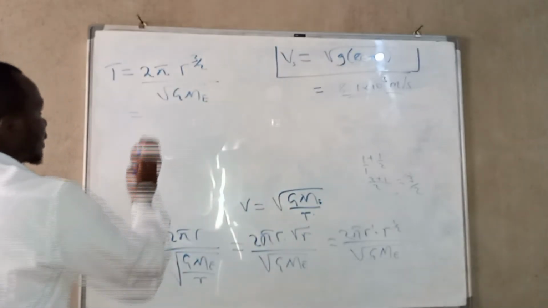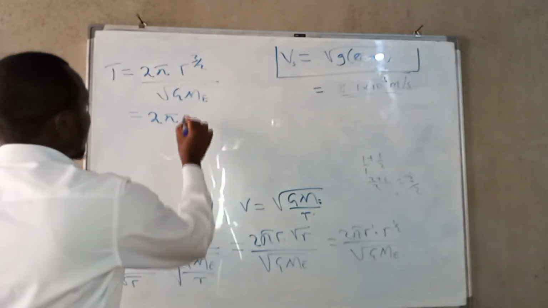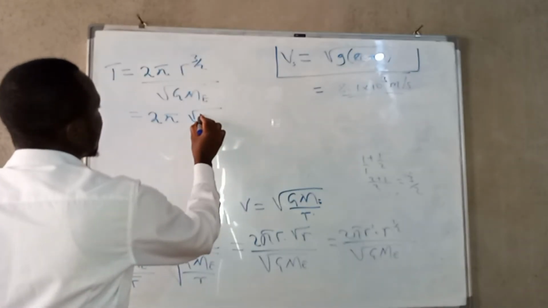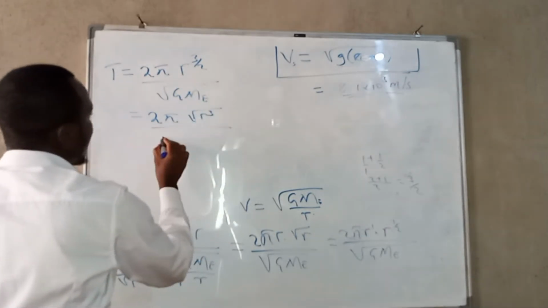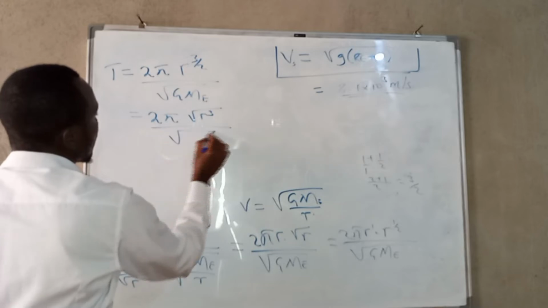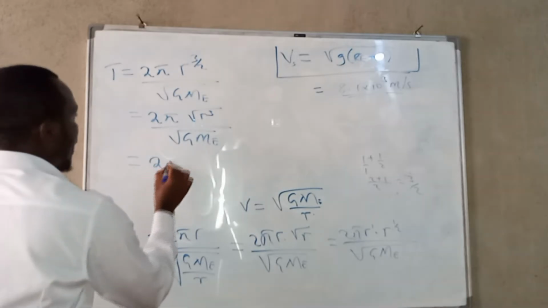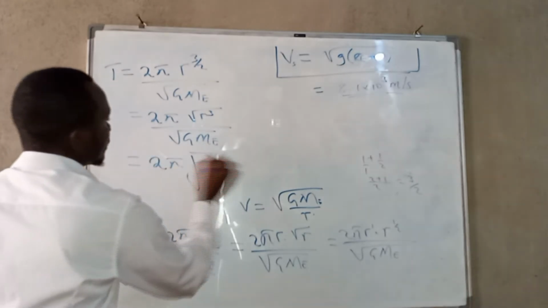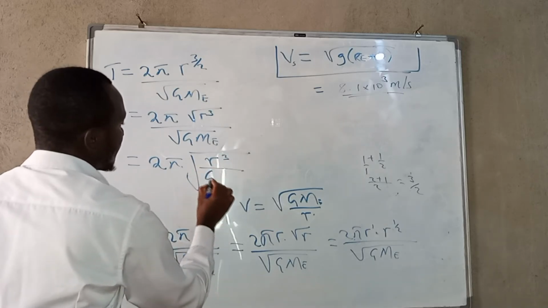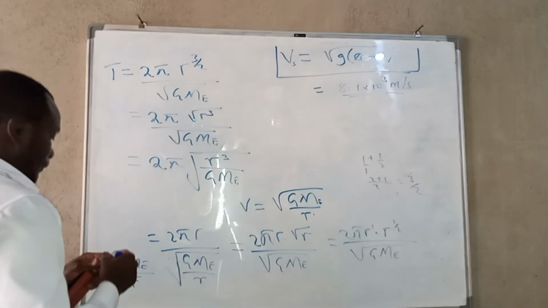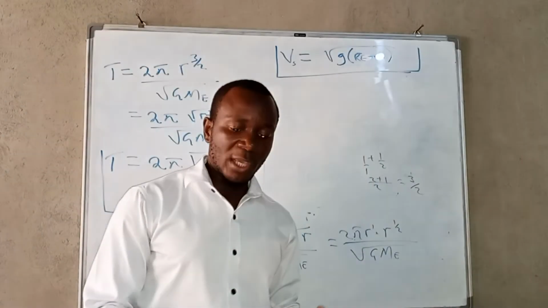So we're going to have 2 pi times the square root of r to the third power over the square root of GME, which can also be written as 2 pi times the square root of r cubed over GME, as the period.